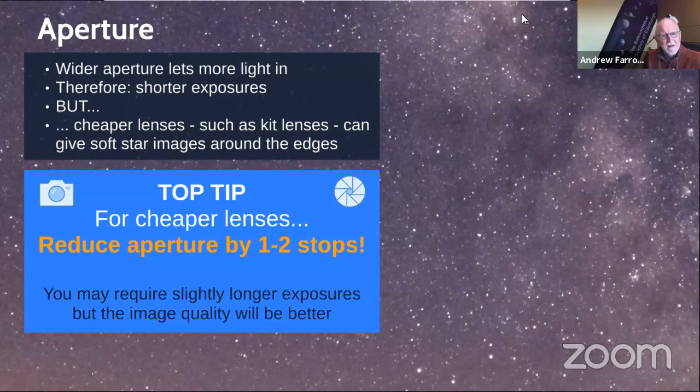Mark's top tip, if you've got one of those, and I guess the only way you'll find out is by trying it at its fullest aperture, and then try stopping it down 1 or 2 stops. Now, you'll get slightly less light, and it will be a trade-off. In theory, I suppose you could crop the image afterwards if it was a bit soft around the edges.